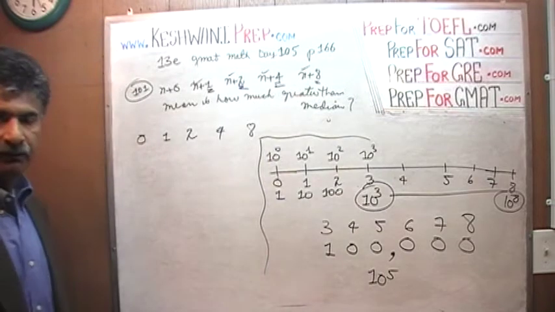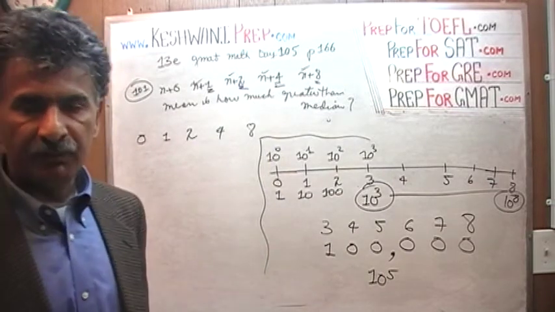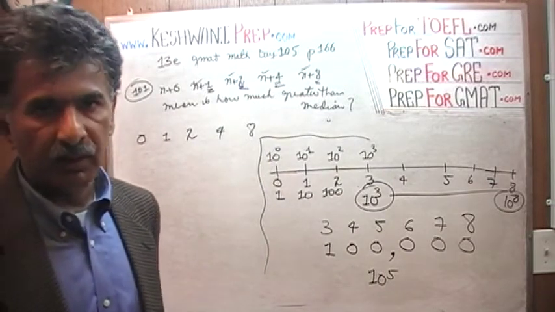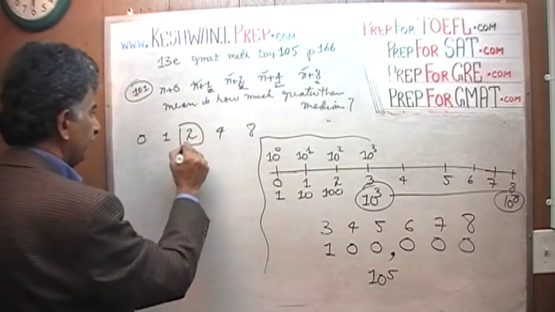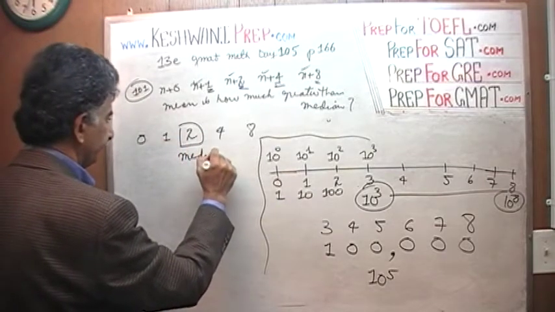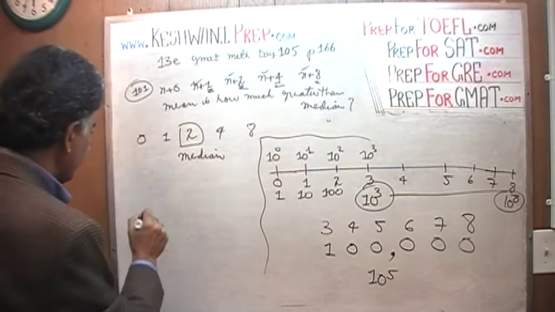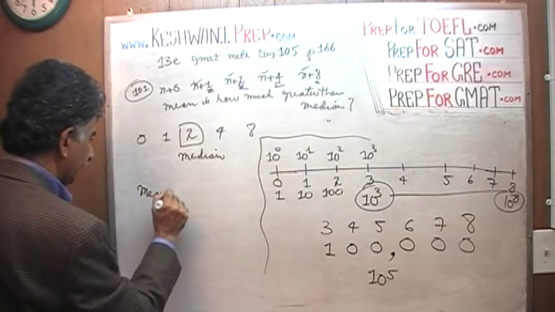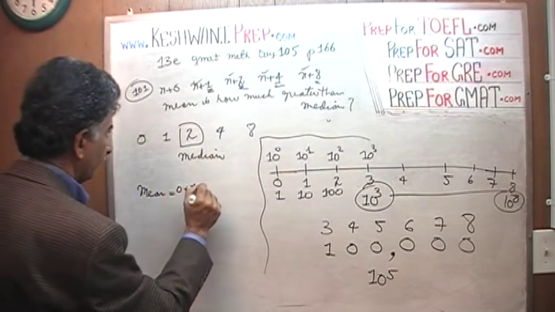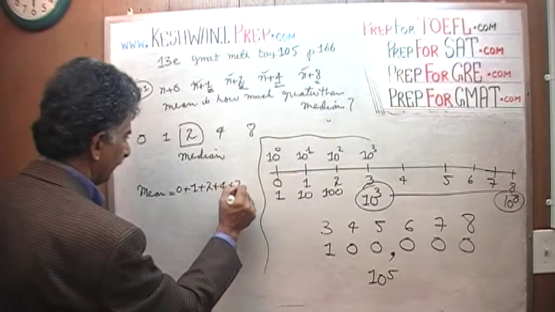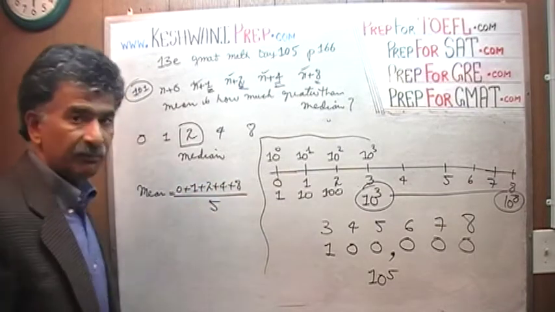Voila, there are 5 numbers, and since there happens to be an odd number of numbers, the median is very easy to figure out. The median is the middle guy. Now let's find out the average, shall we? The mean equals 0 plus 1 plus 2 plus 4 plus 8 over 5, because there are 5 of them.